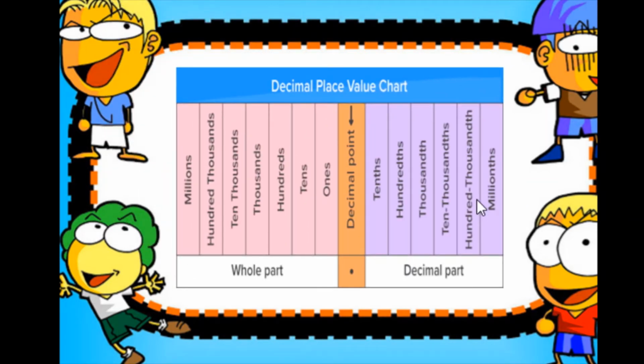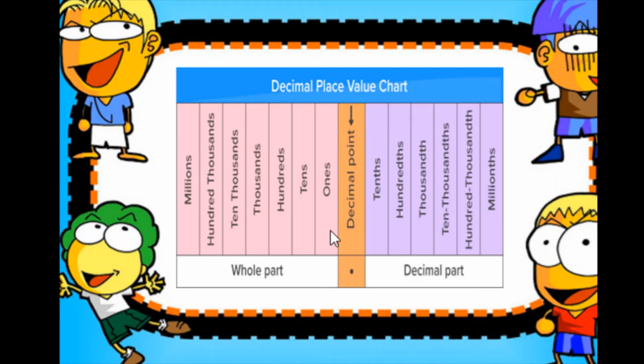When you have a decimal number, it is also important that you know the decimal place value chart. After the decimal point, you can see tenths, hundredths, thousandths, ten-thousandths, hundred-thousandths, millionths, or even billionths or trillionths.